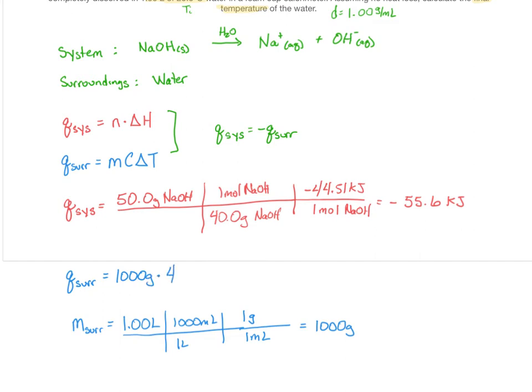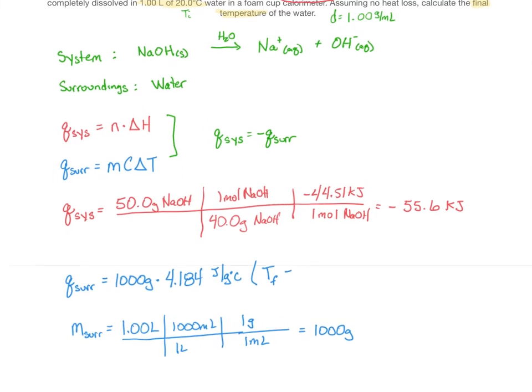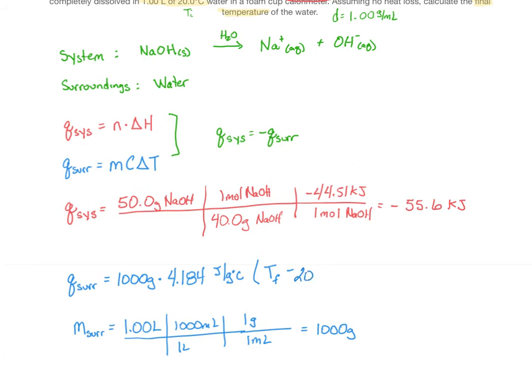My specific heat of water is 4.184 joules per gram degrees Celsius. And I'm looking for my final temperature. And my initial temperature is 20.0 degrees Celsius. Now, right now, as I'm looking at this, I have 2 unknowns, Q of the surroundings and TF.